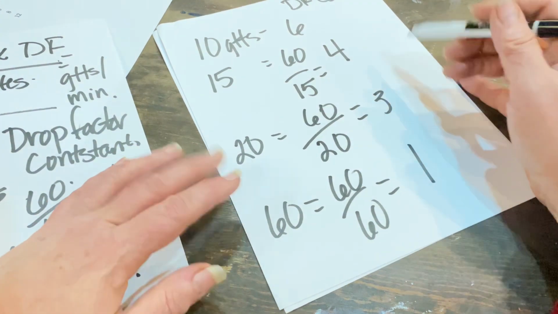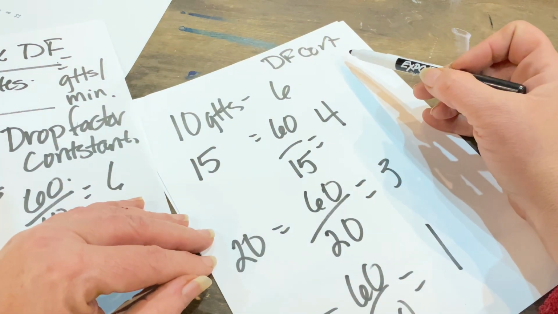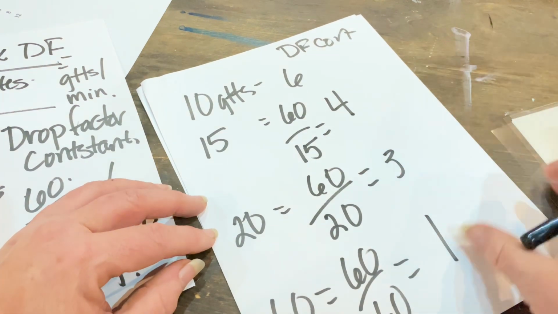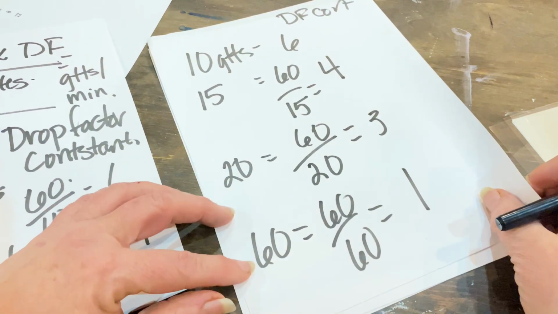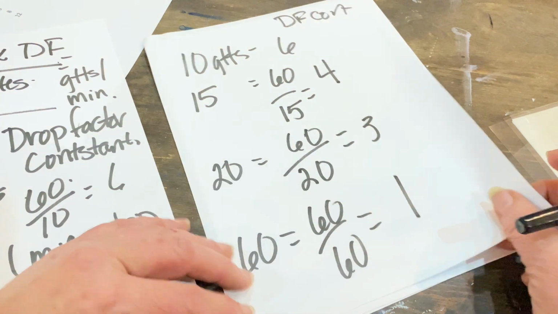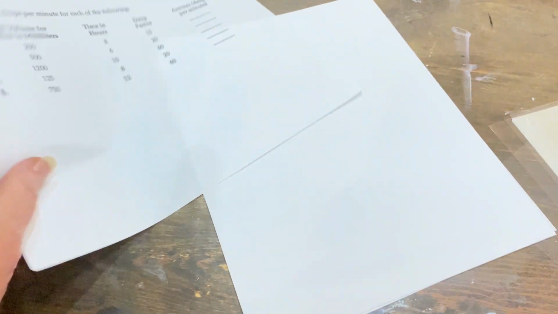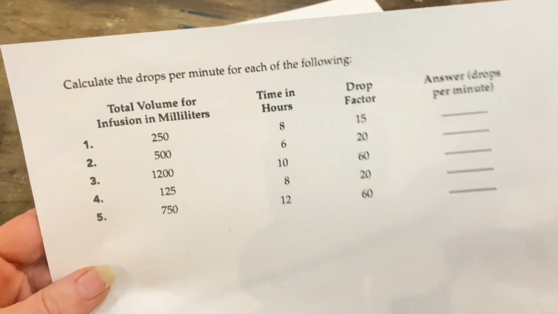This is simply how you find the drop factor constant. Just throw 60 on the top of whatever they give you and then do your math. I'll do a video with just you working it with drop factor constant. But right now, we're putting our big girl and big boy panties on because we're just fixing to do this.